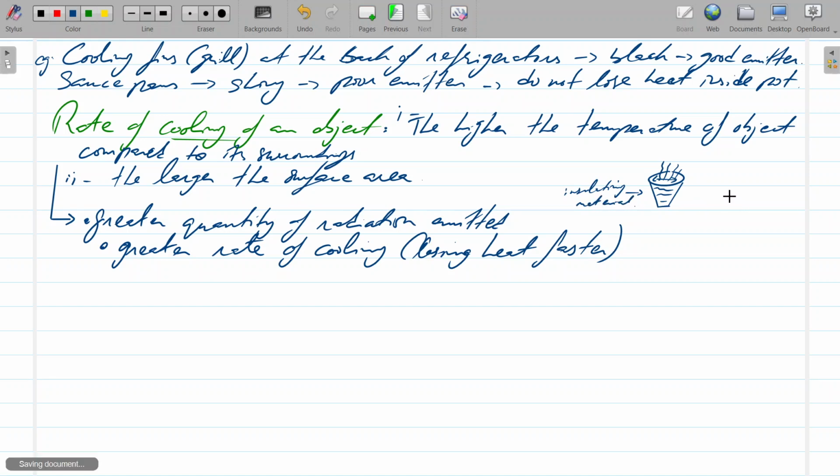So what you do, you take a plate or a bowl that has a wider mouth, and so much more heat is being lost. If this is going to take, for example, 10 minutes to cool down, this might cool down in 4 minutes. So larger surface area, more heat loss, the greater the rate of cooling. Make sense? Yeah. Okay.